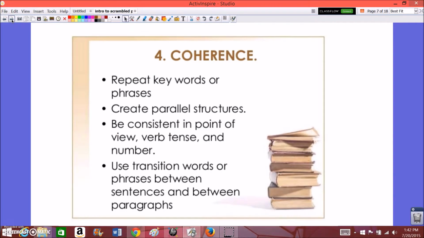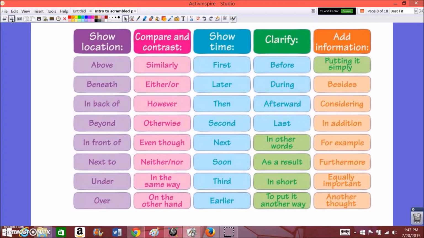All right, so we create coherence in a couple of ways. One way is by repeating keywords or phrases, creating parallel structures, being consistent in point of view, verb tense, and number, and again using transition words or phrases between the sentences and, in longer pieces, between the paragraphs. So we know that transition words serve many purposes.